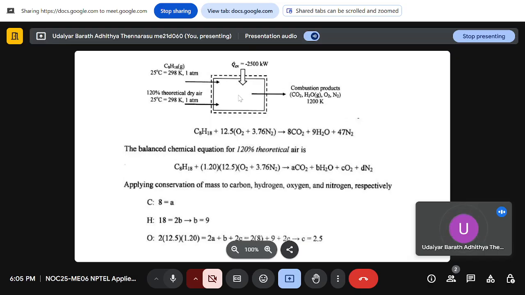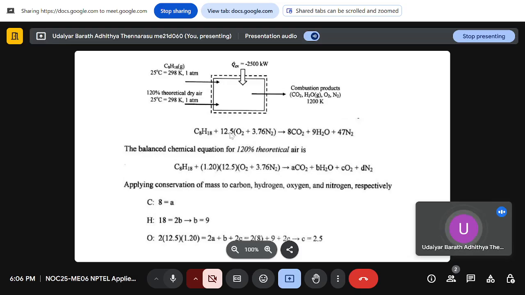So to start with, we'll estimate for 100% theoretical or stoichiometric balance how the complete combustion equation will look. We take 1 mole of C8H18 and some A moles of air, O2 plus 3.76 N2, and for complete combustion it will form B CO2, C H2O and D N2.